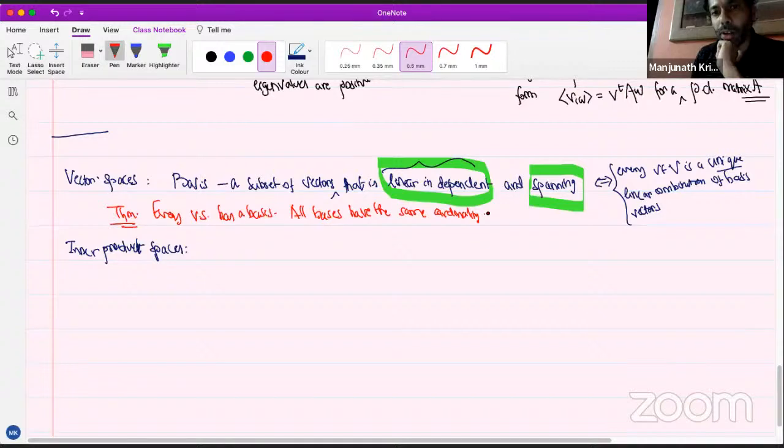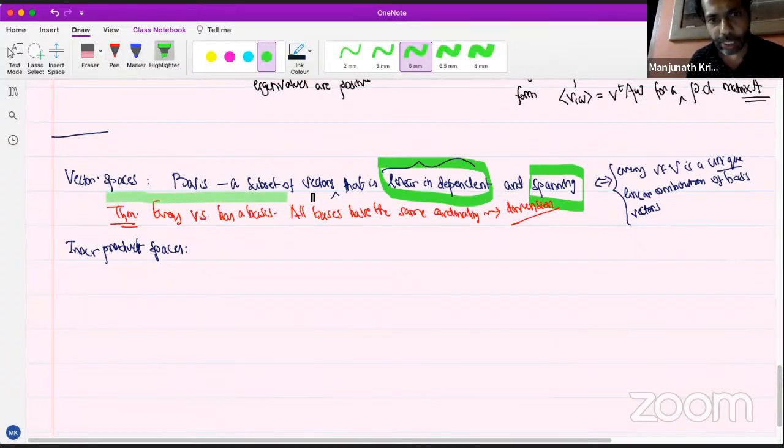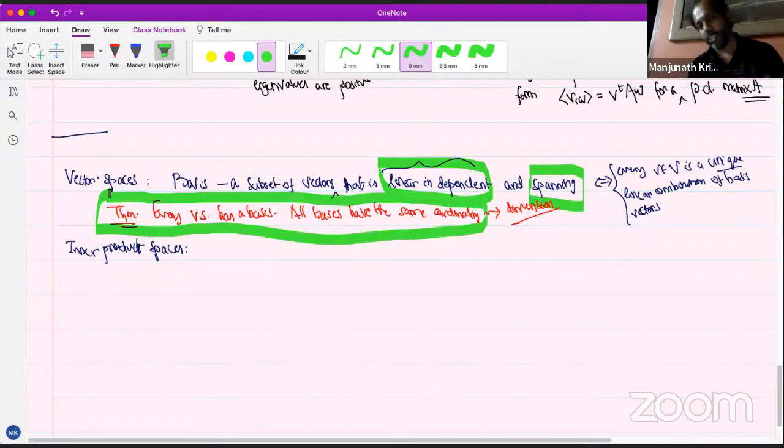That is called the dimension of a vector space. I'm not going to go over the proof of this statement. It is there in most books, but this is the most fundamental first theorem that you prove in vector spaces.